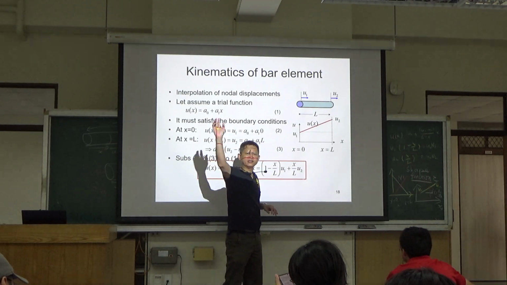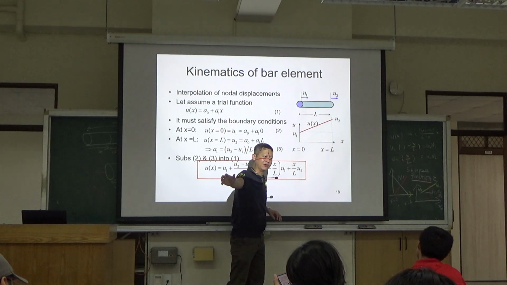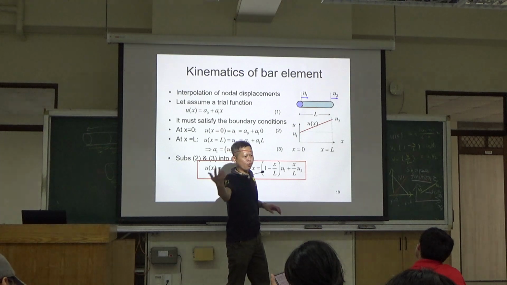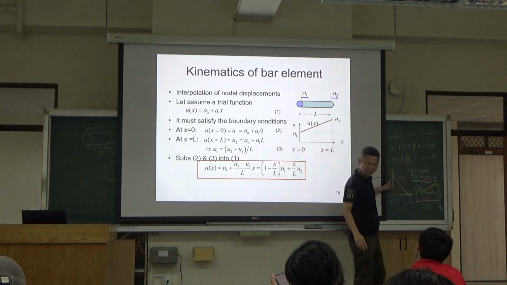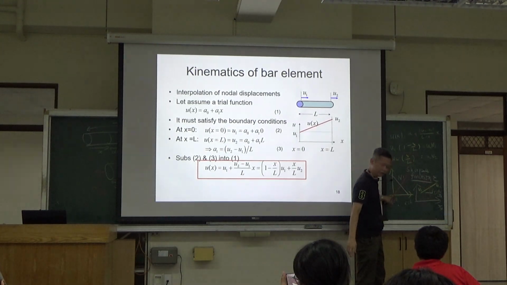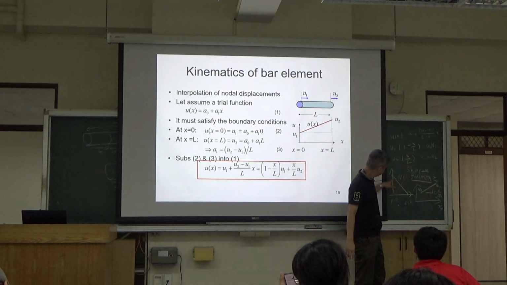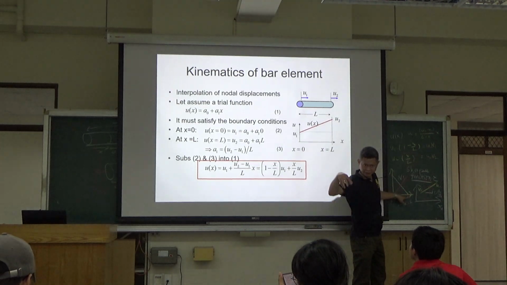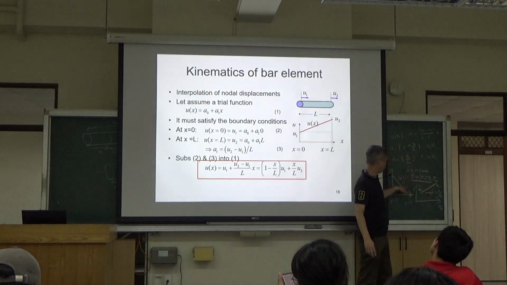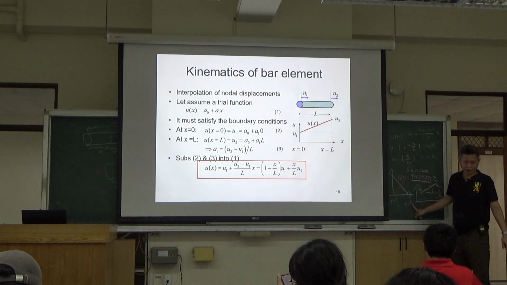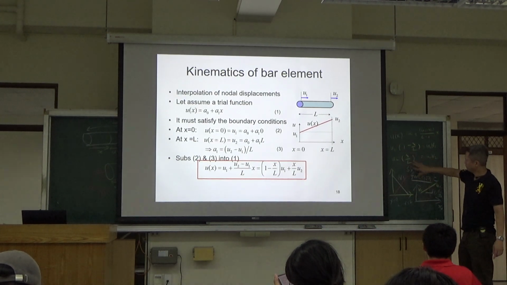If you already extend your arm, how much force can you push in further? No. You are already pulled back by yourself. So the shape function will start with 1 at the local point and 0 at the next point. When we say point, we should refer to the nodes. 1 at the current node, this is N1. 0 at the next node. Likewise, for node 2, 1 at the node 2, position x equal to L. Okay?